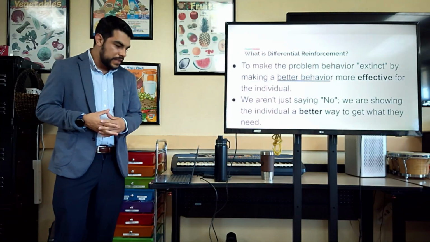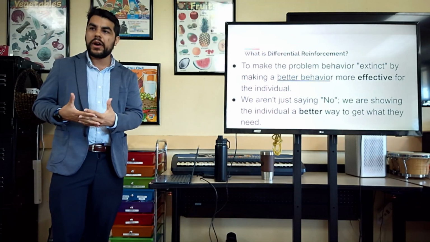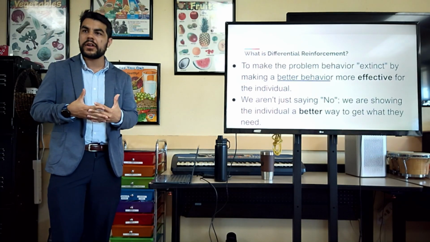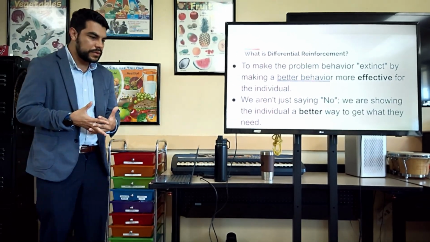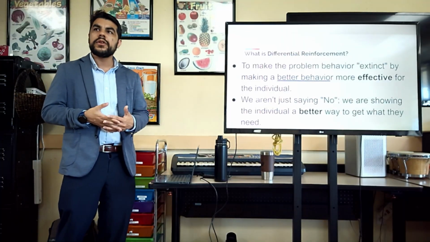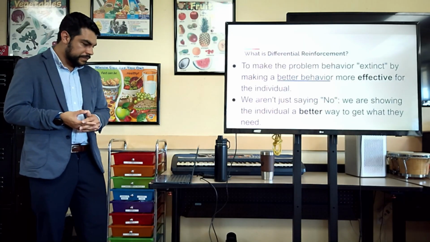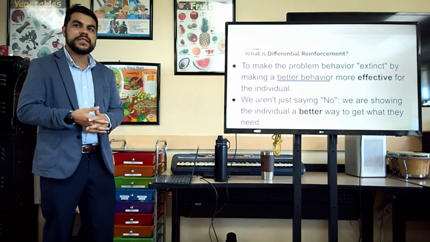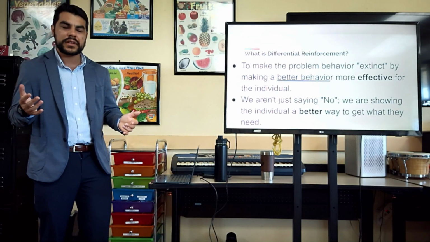Just as I was discussing, the benefit of putting those problem behaviors on extinction is that we're then able to reinforce and give the individual a more effective, more practical way of getting what they want. Because we're ultimately not just saying, oh, you cannot do that, and then not giving them something else to learn.